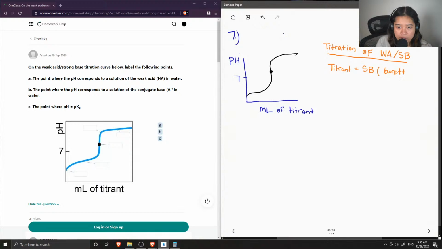So this is the volume that you're adding to titrate the analyte. In this case the analyte is the weak acid, and this is found in the flask.